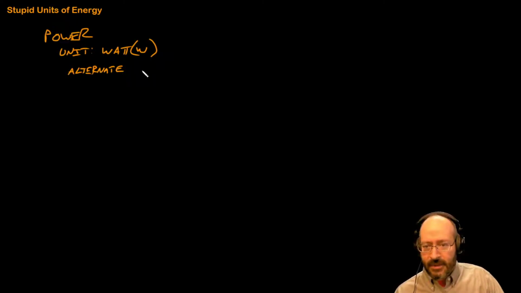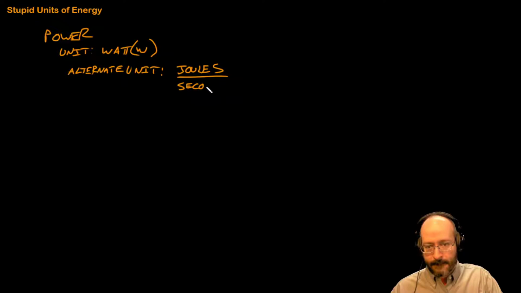So we can think about the alternate unit as well if we know the unit of energy. And hopefully by now you've remembered that it is the joule. So we might talk about power as joules per second, capital J over lowercase s.